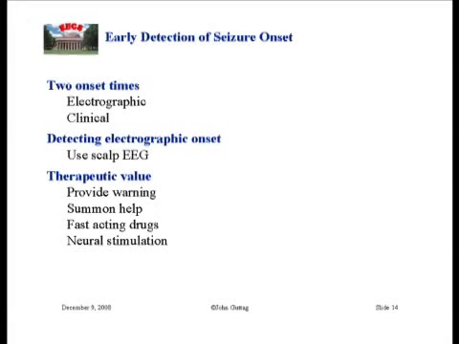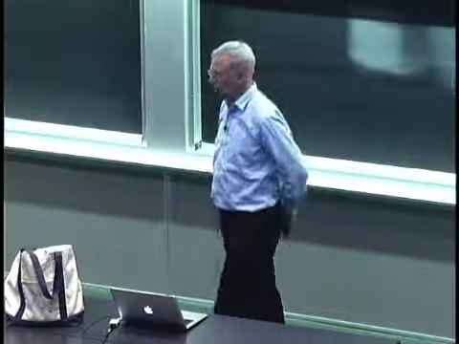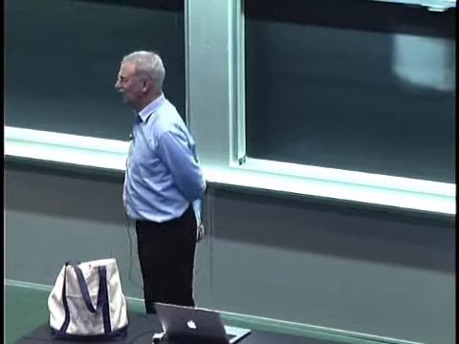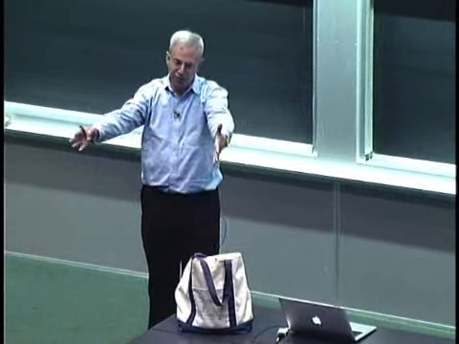And our idea is to detect the seizure early. There are 2 onset times, electrographic and clinical. Electrographic is when the brain first starts looking suspicious, and clinical is when there's an overt physical symptom, that stiffness that you saw in that young girl.